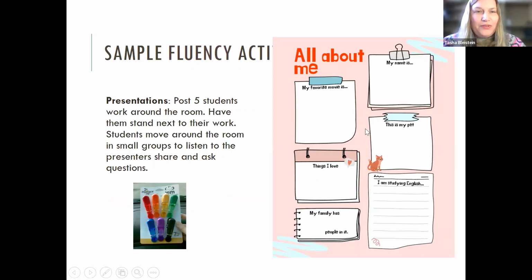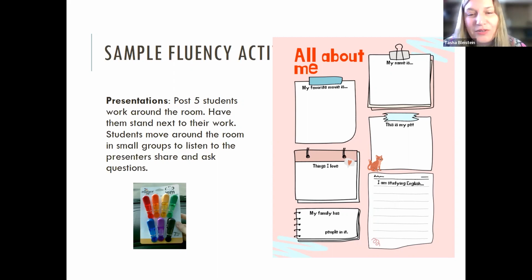Another sample fluency activity is a presentation. So also from a dollar store, you can buy clips that are magnetic. And if you have a couple of students, you can have them post their work and then have the other students go to them.